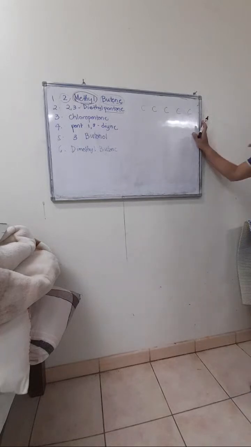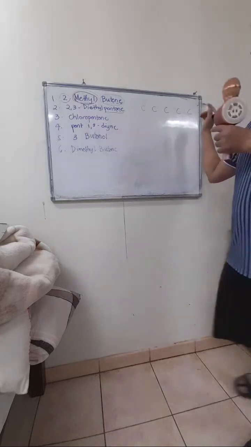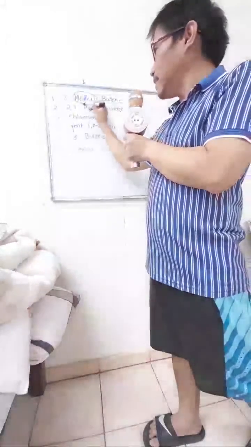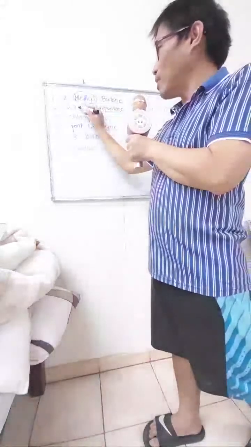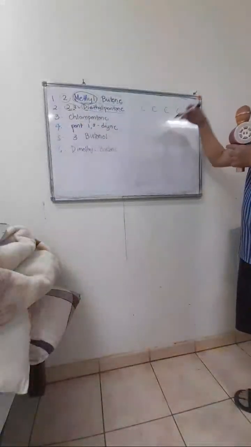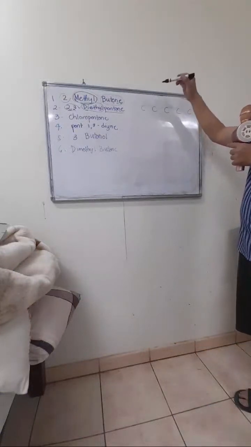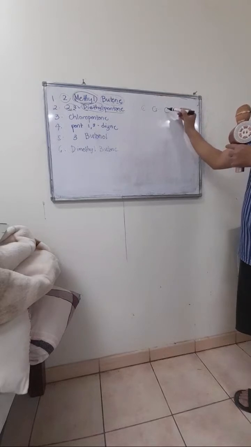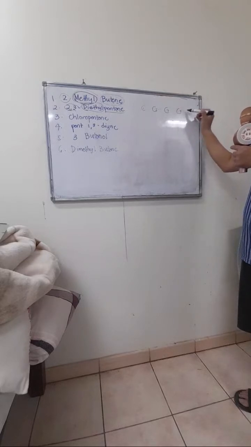Now look at your attachment. It talks about the ethyl, right? And the numbers are carbon number 2 and 3. So put the numbering first from left to right: 1, 2, 3, 4, 5.